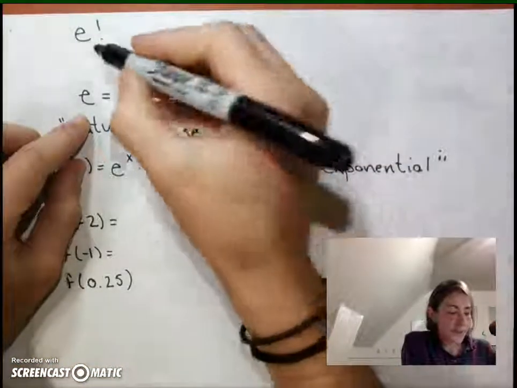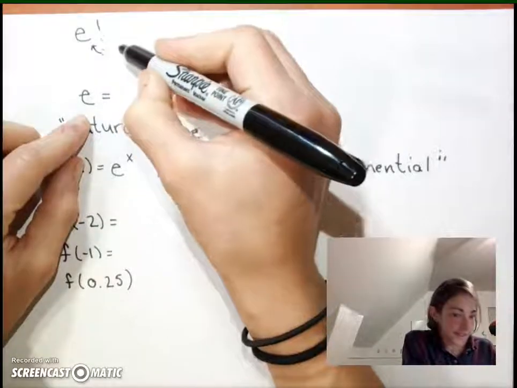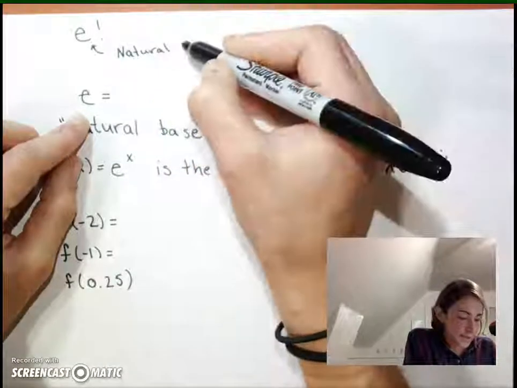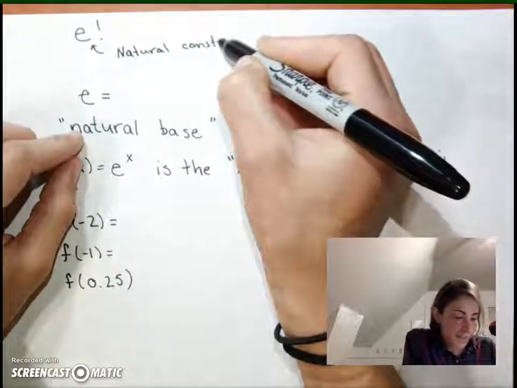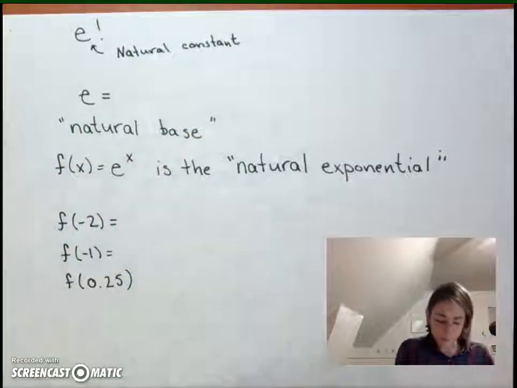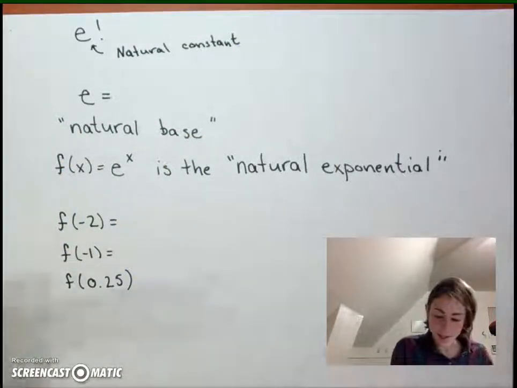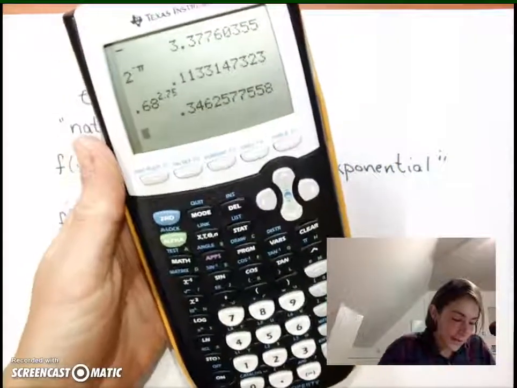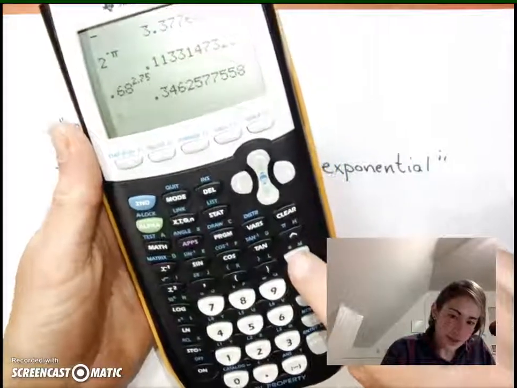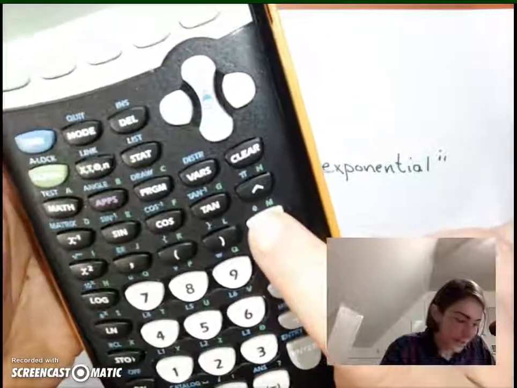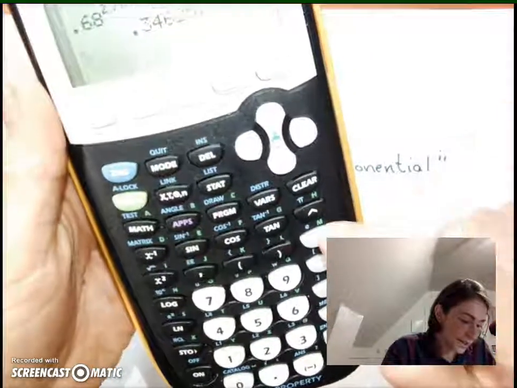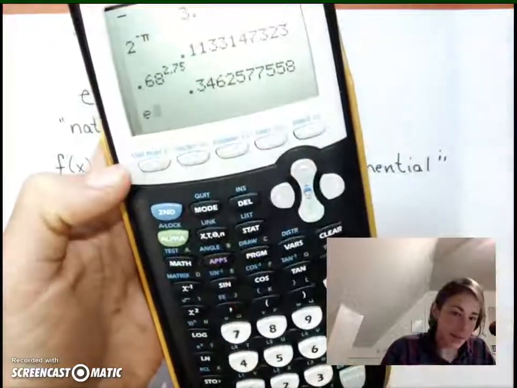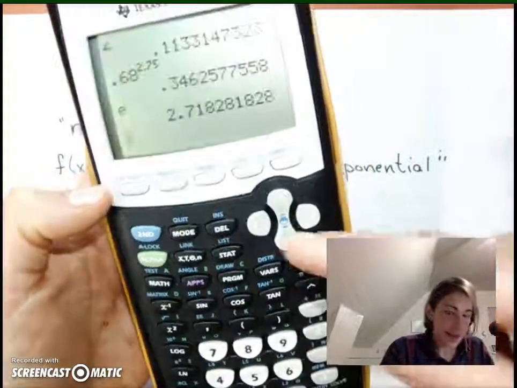So there's one very, very special exponential function. It's the exponential function where we pick the base to be e. This is the natural constant, or the natural base, and for right now, we're going to leave it as sort of a black box. You'll learn a lot about it in calculus, but what's important to know is that it's just a number. So if you find e on your calculator, it's right here, written in blue. And if we press second e, so now I have it appearing in my calculator, and enter, it actually gives me a number.